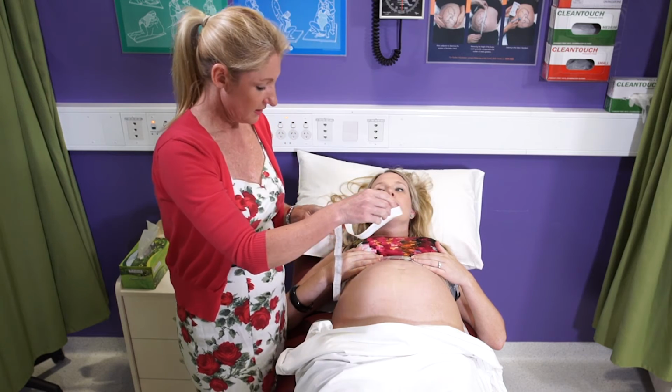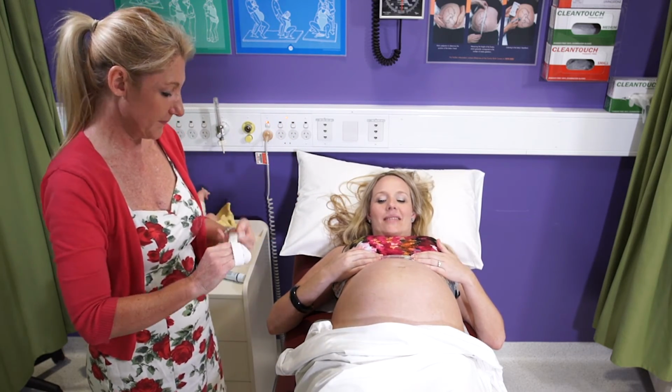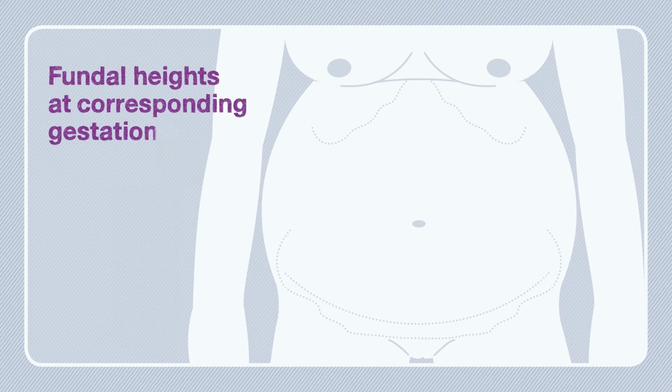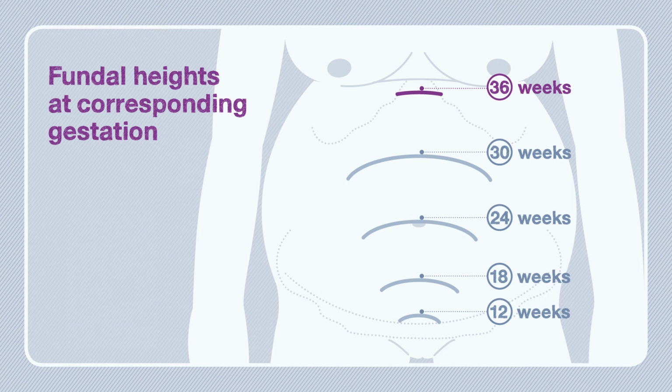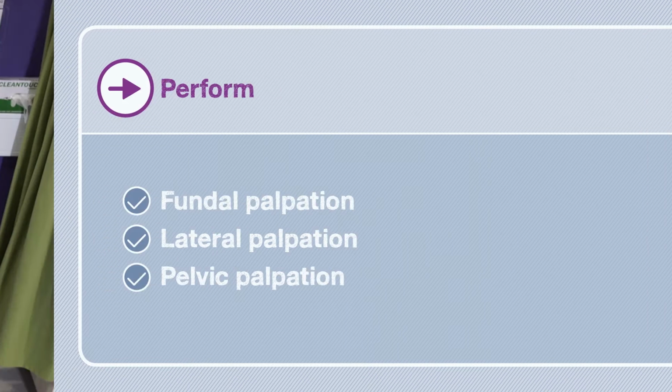Great. So 36. Perfect. What it should be. The findings from the fundal height will correspond with the fetal gestation. The midwife needs to palpate the fundal region, the lateral abdomen, and pelvic region.